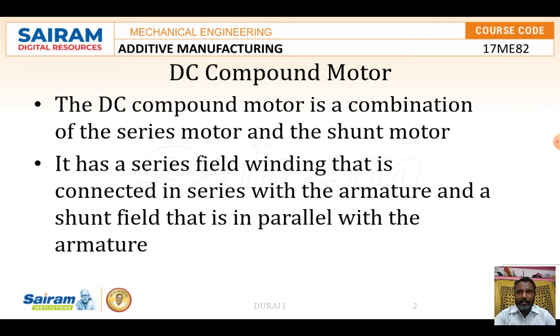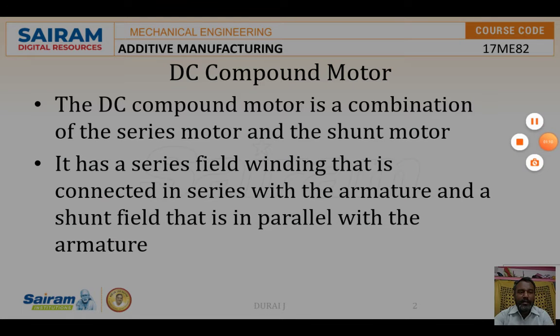Part of the load current passes through both the armature and series windings, and the remaining load current passes through the shunt windings only. The maximum speed of the compound motor is limited. This type of motor offers the high starting torque of a series wound motor, and it offers constant speed regulation under a given load. So this is about the compound motor.